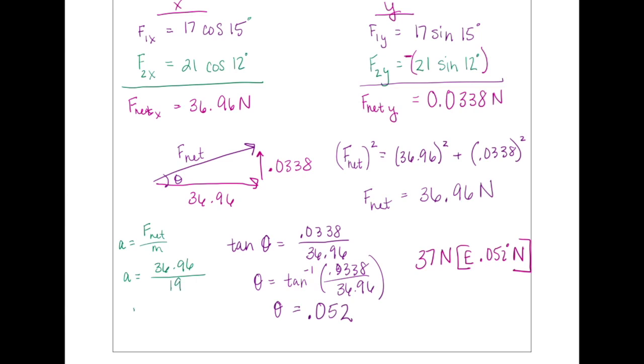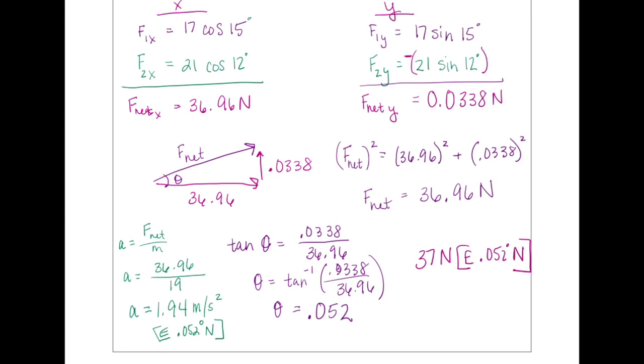So when we divide that out, our acceleration is going to be 1.94 meters per second squared, and it's going to be in the same direction of the final net force. So it's going to be accelerating east 0.052 degrees north.